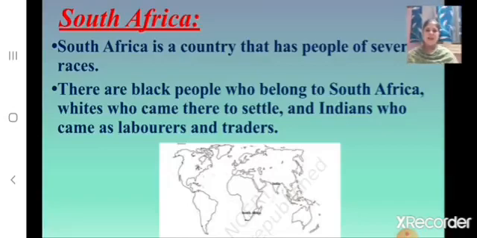There are black people who belong to South Africa, whites who came there to settle, and Indians who came as laborers and traders. So these are the various races that live in South Africa.